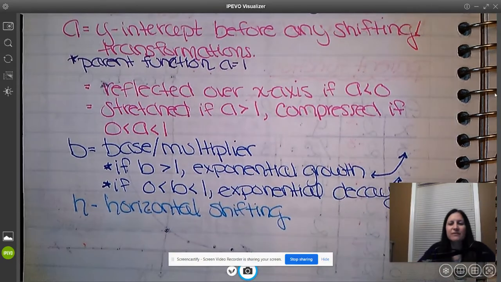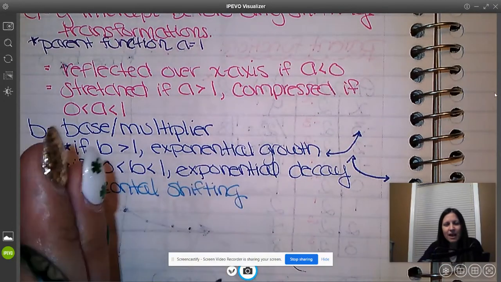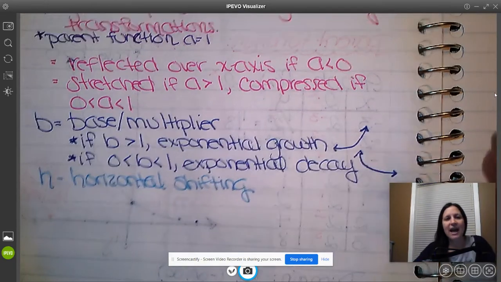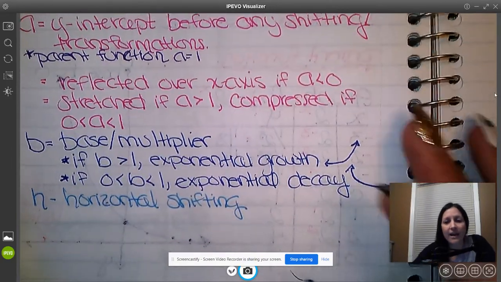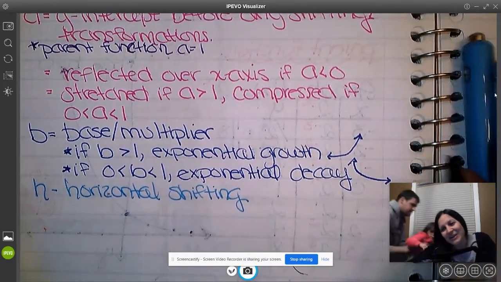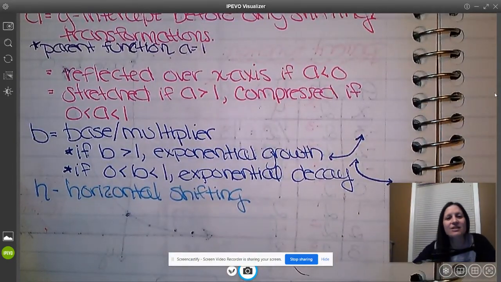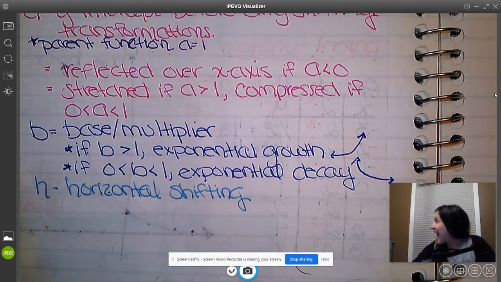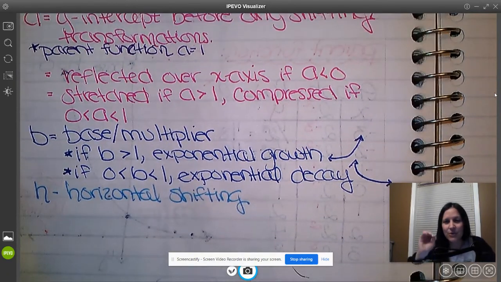What I tell my students to focus on when we talk about shifting is that the whole graph is moving, but when we're sketching the graph, we're really looking at the y-intercept. That's going to be the easiest point for you to focus on because there is no vertex in an exponential function.